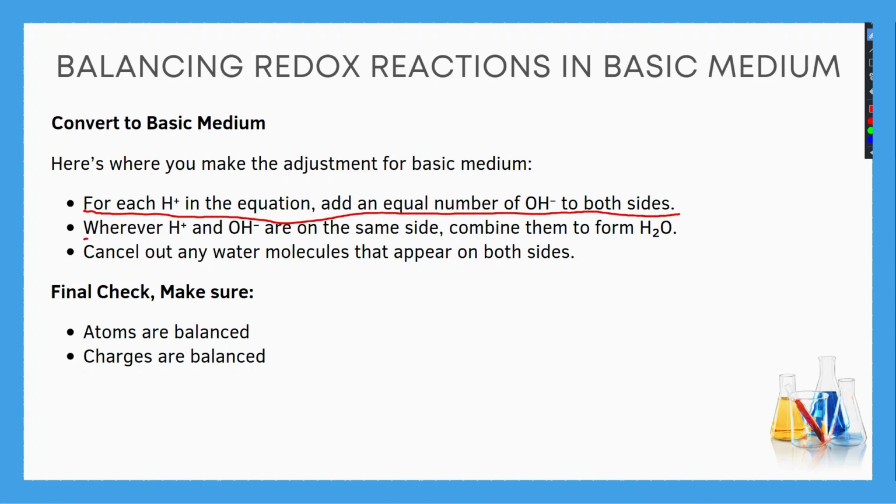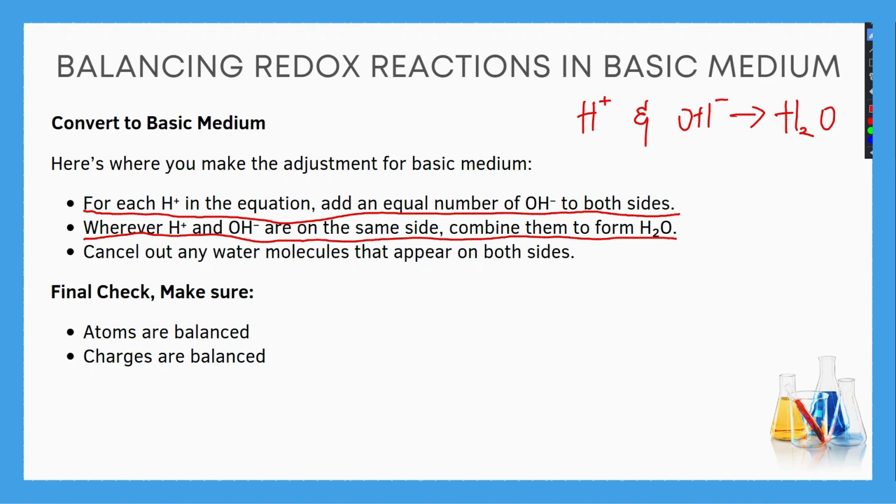And wherever H plus and OH minus are on the same side, combine them to form H2O. What we are simply saying is that anywhere in an equation where you have H plus and OH minus on the same side, you combine them together to form H2O. I'm going to show you exactly how we'll carry that out in solving some examples.